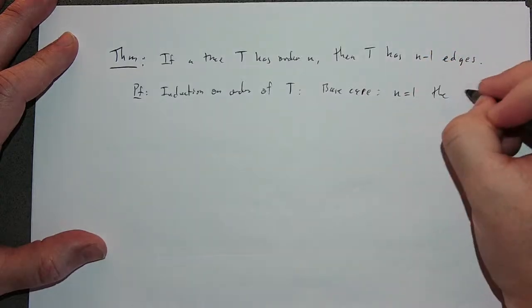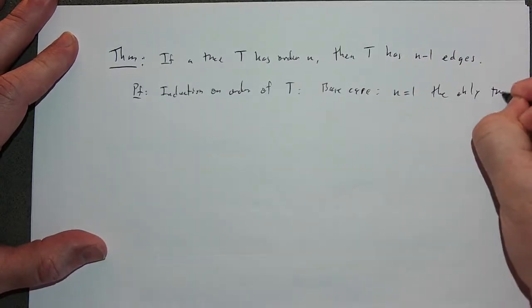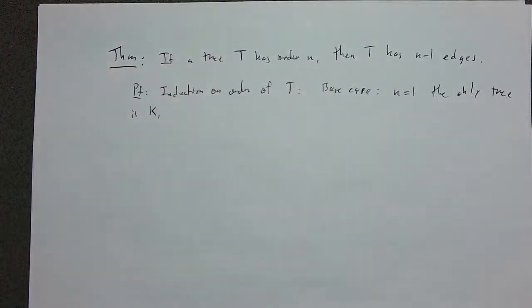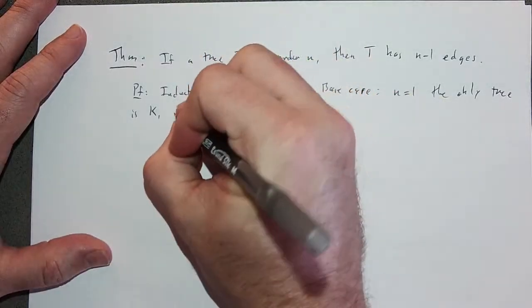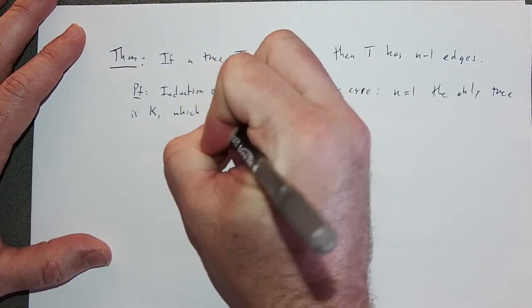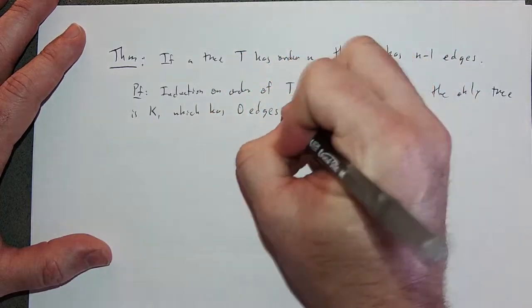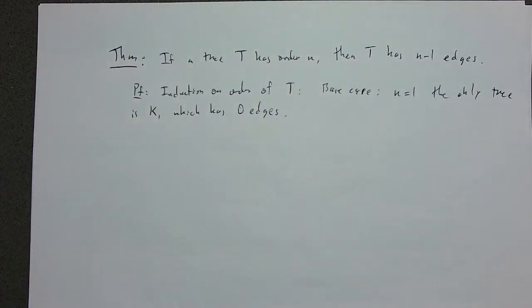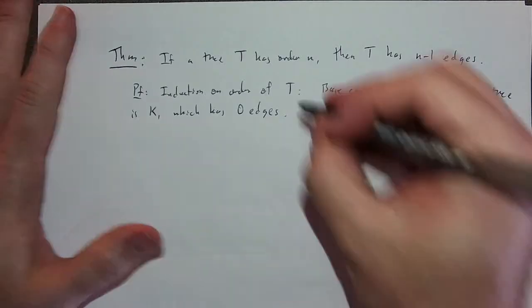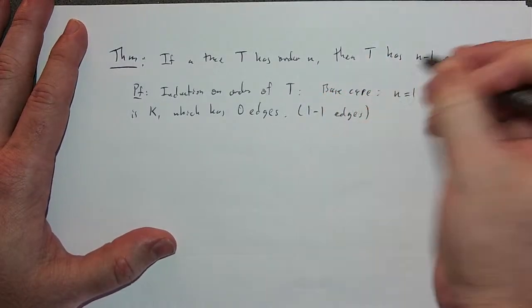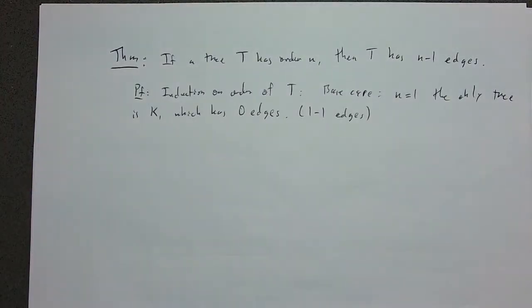The only tree is the complete graph on one vertex, which is just a vertex. And so, of course, there are 0 edges. And 0 is, in fact, 1 minus 1. Here, I'll write it just to do it. It has 1 minus 1 edges.